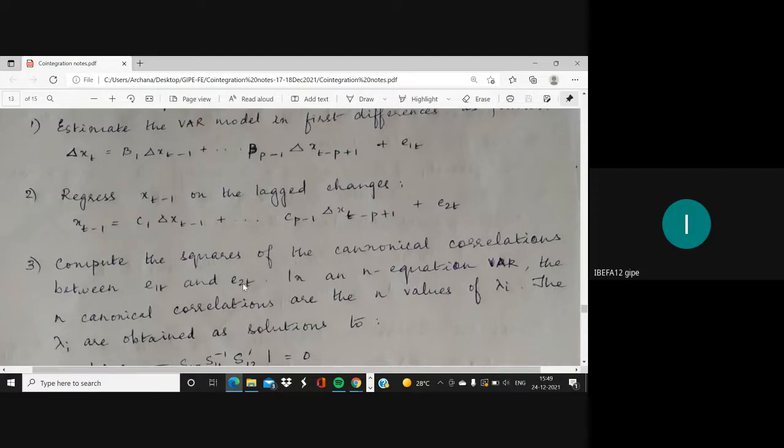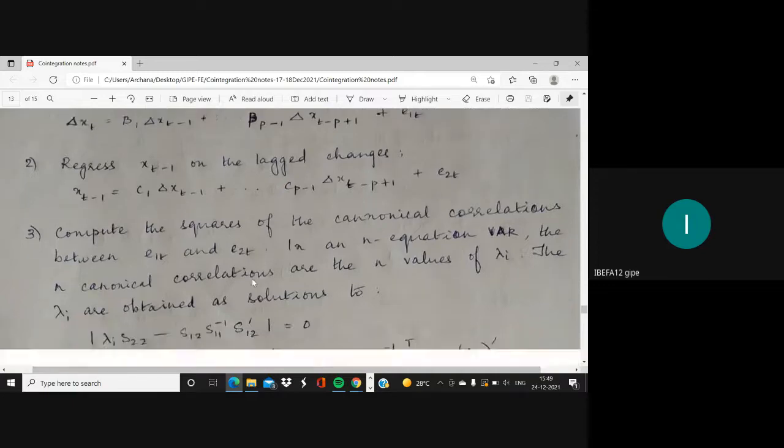You first find that out, and then canonical correlations is a method which will help you find linear combinations of these residuals in this case that have the maximum correlation. Okay, that's what canonical correlations means. Whenever you're calculating canonical correlations for any two sets of variables, basically you're finding linear combinations of these variables that have the maximum correlation, after creating their cross covariance matrix.